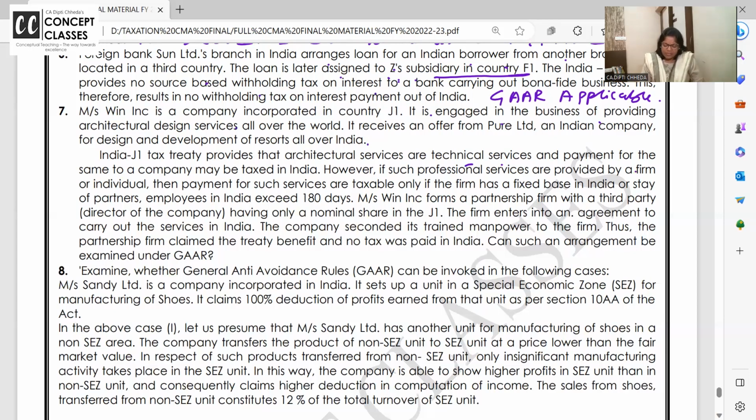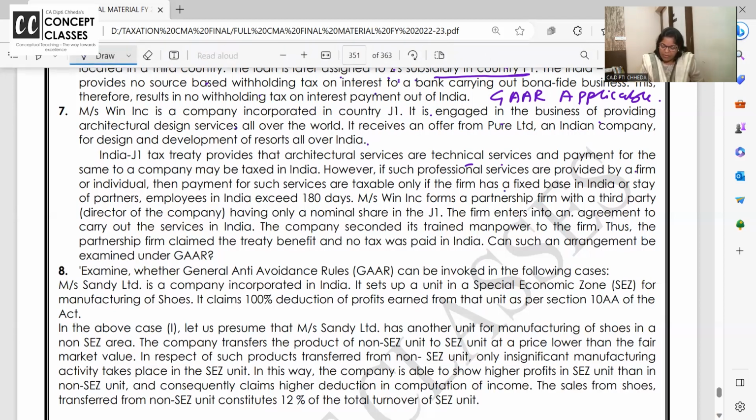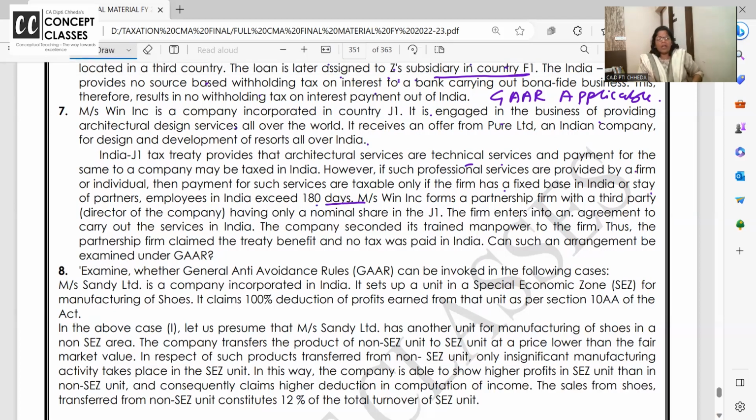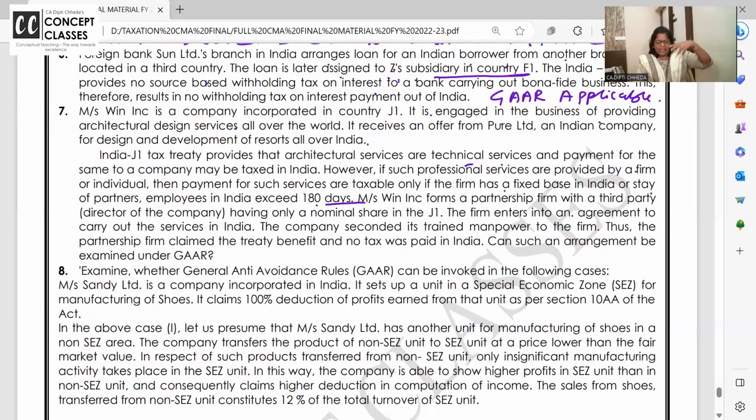However, if such professional services are provided by firm, then payment for such services are taxable only if firm has a fixed base in India और stay of partners exceed 180 days. देखो, अगर हम कोई फॉरेन की कंपनीज को बोलते हैं कि इंडिया में आके रिजॉर्ट्स बनाओ और आर्किटेक्चरल सर्विसेज दो, तो the foreign company has to pay tax in India. But between my country and J1 country, the tie-up is, if you do it through partnership firm, then partnership firm will have to pay the tax in India only if they stay in India or their employees stay in India above 180 days.